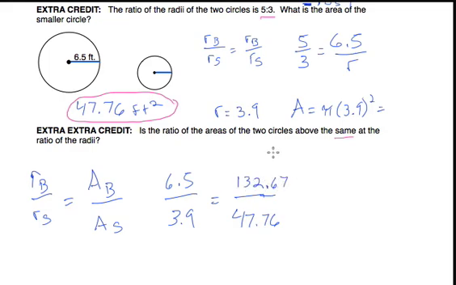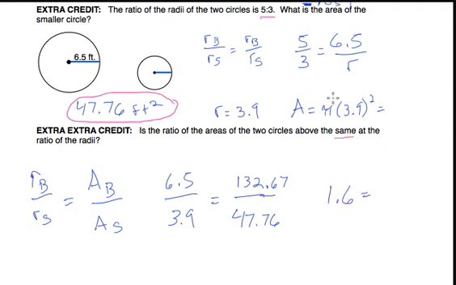132.67. Now, if these ratios are the same, then if we convert the two sides of this expression into decimals, they should be the same decimal, right? Well, we know that 6.5 divided by 3.9 should be about 1.6.